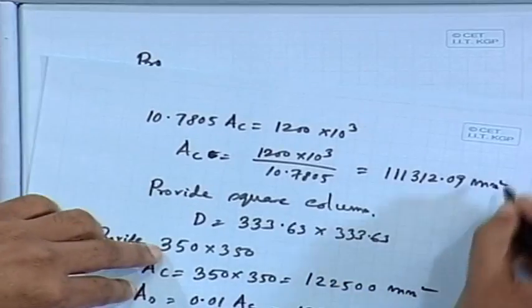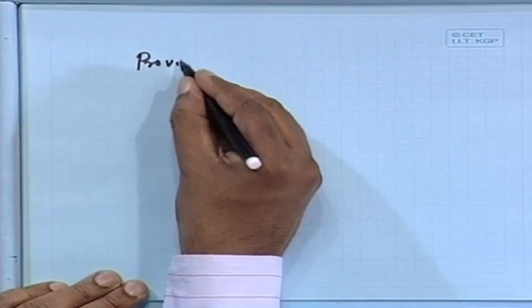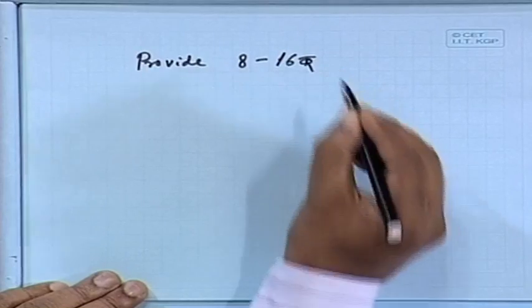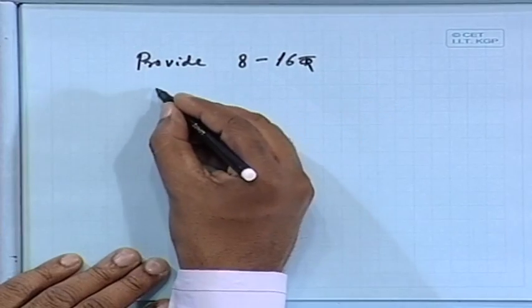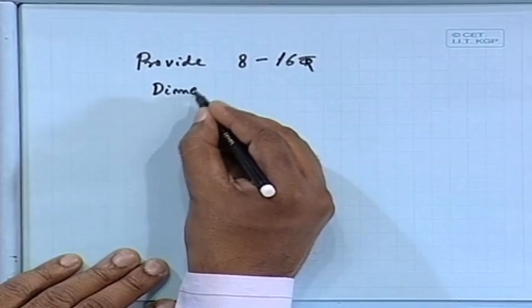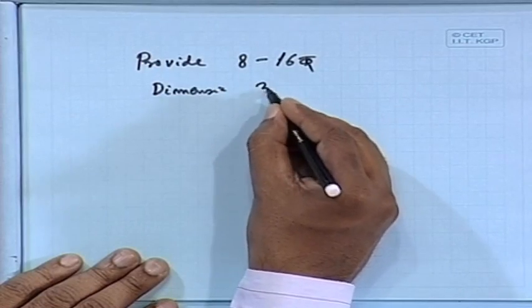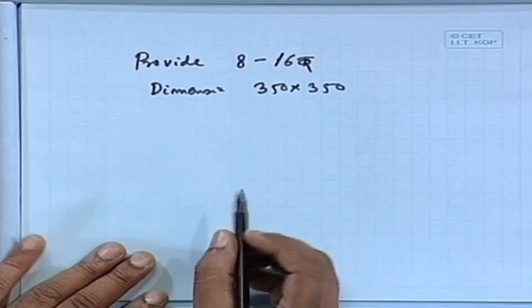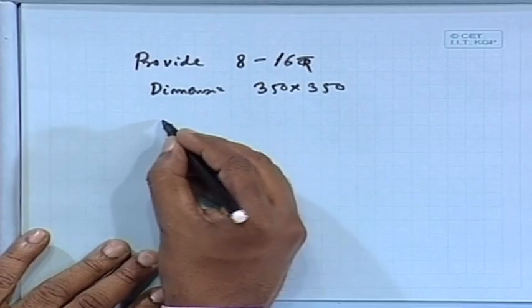Let us provide 8 16 torque, dimension 350 by 350.